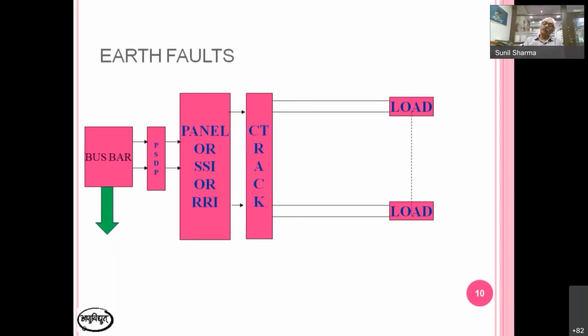And you say, no sir, all cables are okay. I agree with you, sir, all cables are okay, load is okay. If these were not okay, the system would not run. Because all these things are okay, the system is running. And you say, sir, the system is running, everything is okay. Actually, your busbar is not okay.